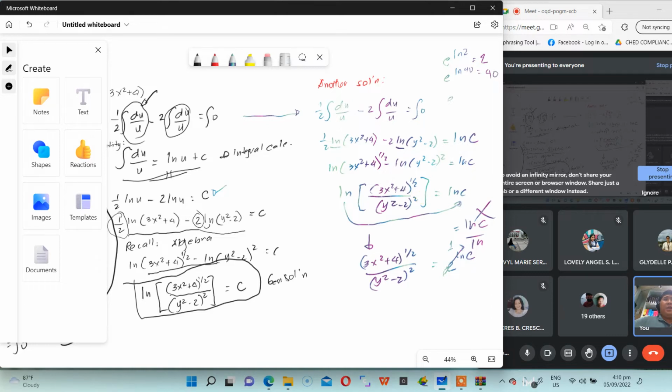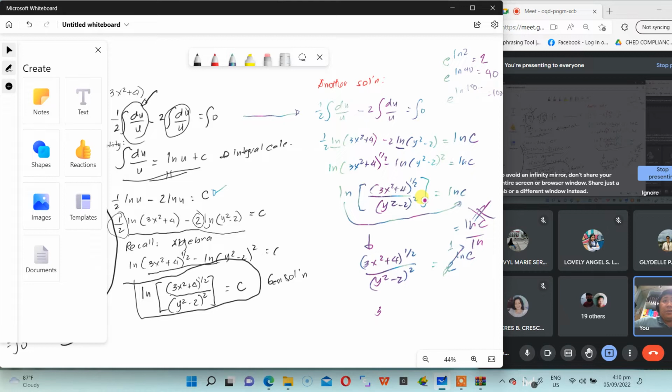If we have e raised to the power of ln 1 million, your answer is 1 million. So e raised to the power of ln cancels out. Although the answer could still be the same, this is totally different. This is not the same. This is wrong. This is correct. So the answer will be 3.